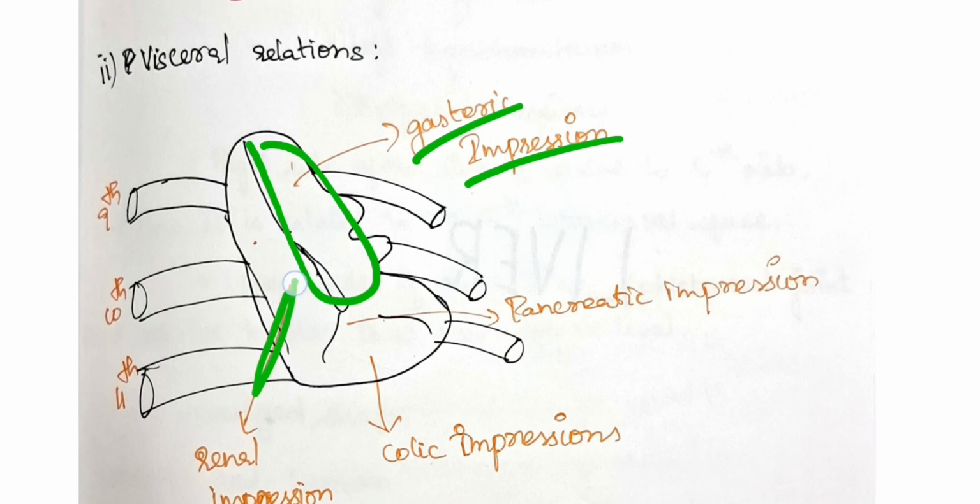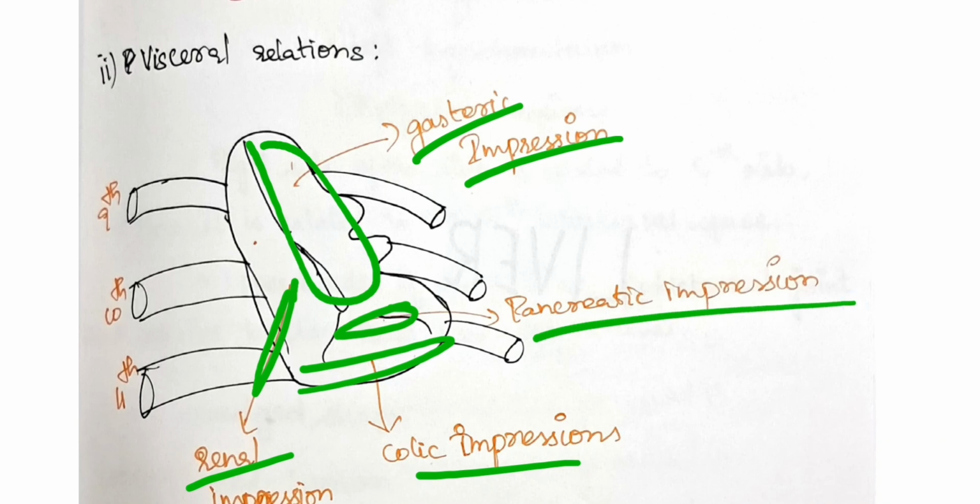Here it is fully attached to the kidney, renal impression. Here colic impression, here pancreatic impression. What visceral organs are related to the spleen? Stomach, kidney, colon, pancreas. These are the impressions present on the spleen.